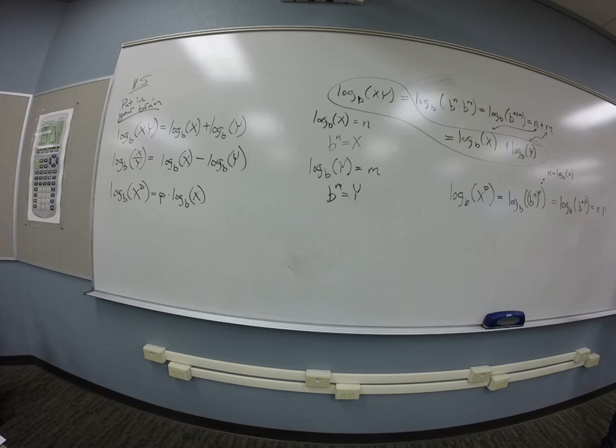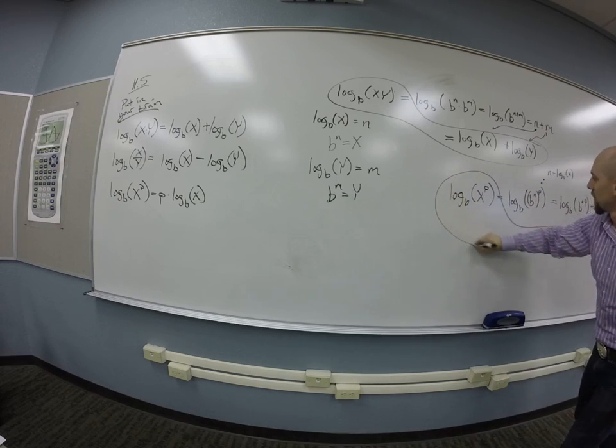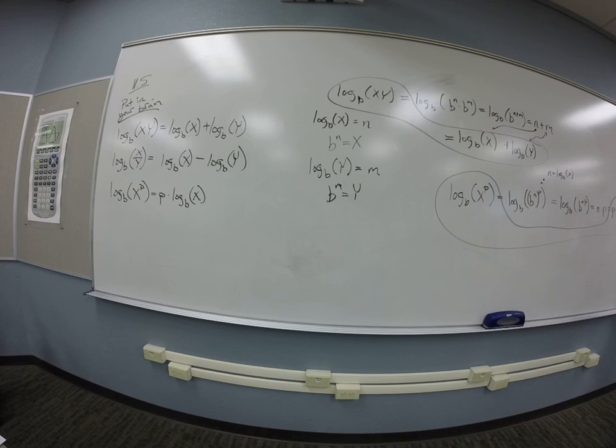But what's n? Log b of x. Yes. So I get p times log base b of x. So now, first thing and last thing, that was that rule. You guys see that? So that last rule was really just the thing about multiplication of powers.